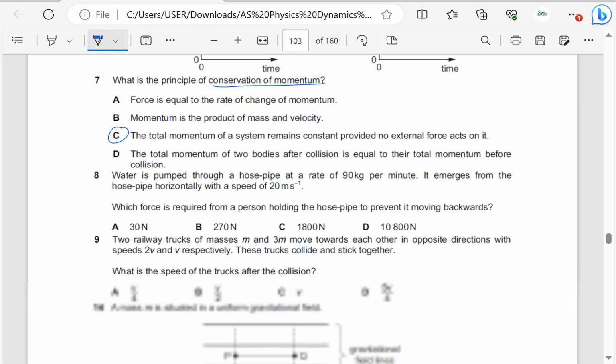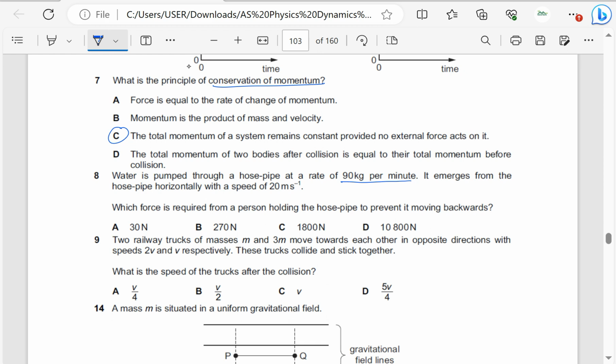Water is pumped through a hose pipe at a rate of 90 kilograms per minute. It emerges from the hose pipe horizontally with a speed of 20 meters per second. Which force is required for a person holding the pipe to prevent it moving backwards? So that is conservation of momentum, and then force is equal to the rate of change of momentum.